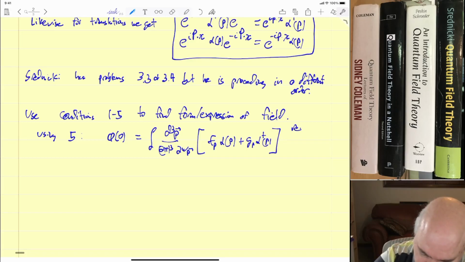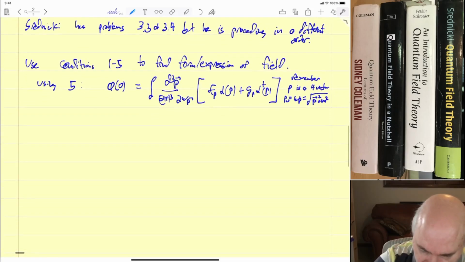And remember, p is a 4-vector, and p0 is always defined by omega p, the square root of p squared plus m squared. So all we did was substitute in 0 for that general expression we had. Our goal is simply to determine the F's and the G's and put whatever constraint we have. Okay, so now we're going to use condition 4, a special case.